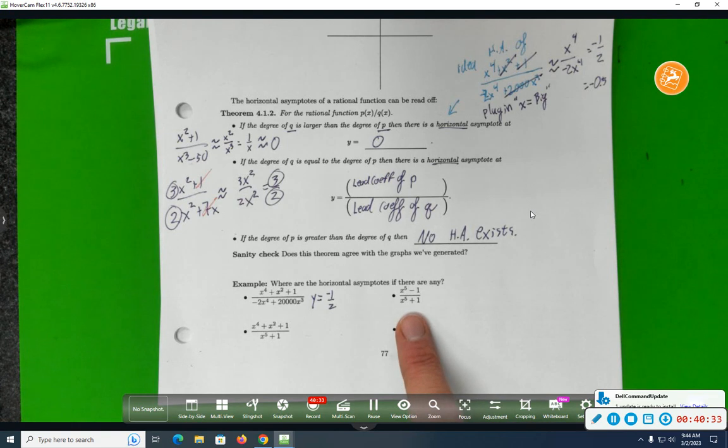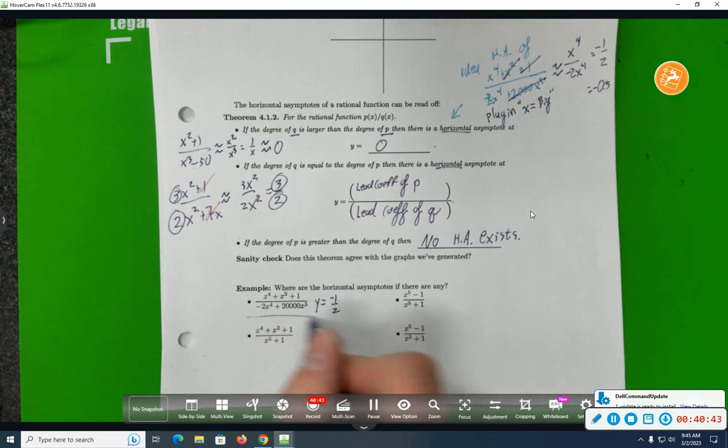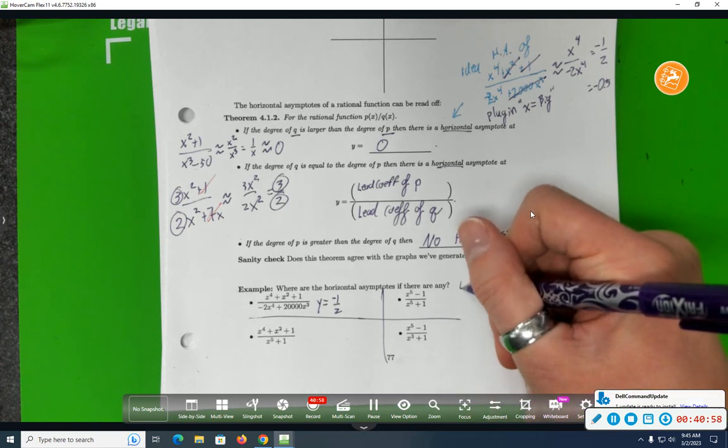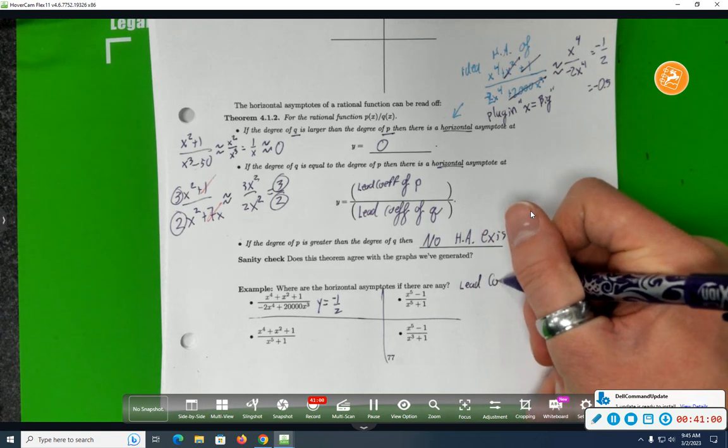I think we have time to read off some, and then we'll do some graphing on the next page. So let's read off the horizontal asymptotes for these examples. x to the fifth minus 1 over x to the fifth plus 1. Here we get 1. Why 1? The leading coefficient of A is 1, and B is 1.